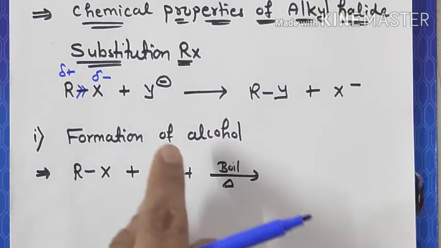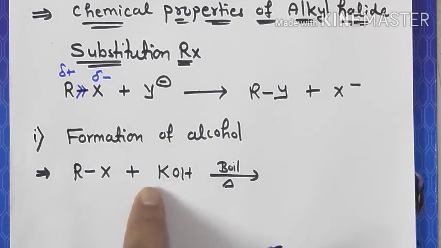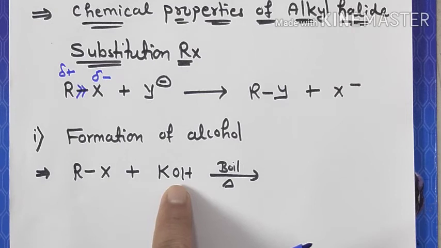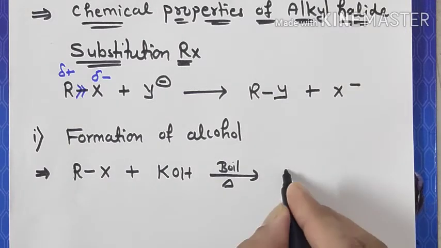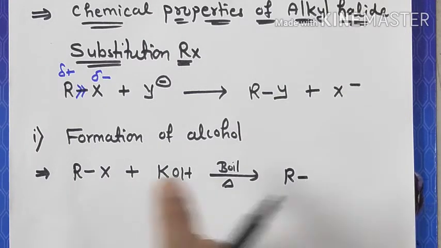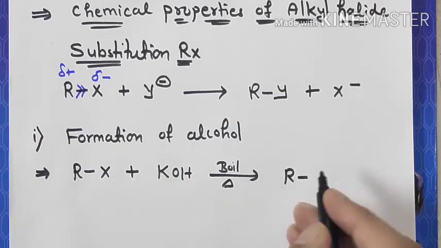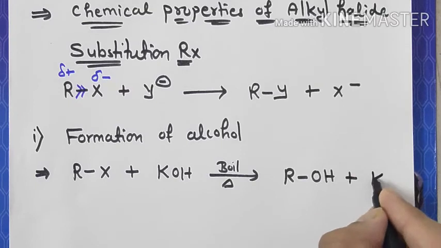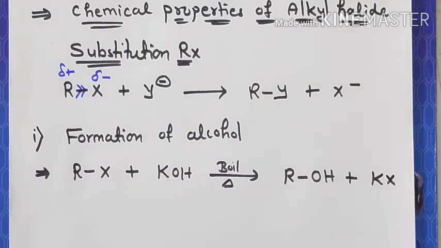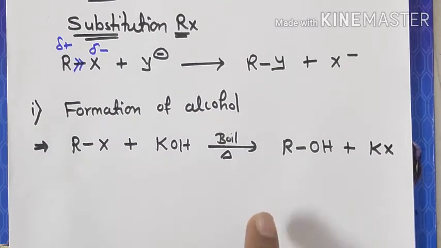When this alkyl halide is attacked with KOH, X is replaced by OH, giving ROH plus KX. It results in the formation of alcohol.